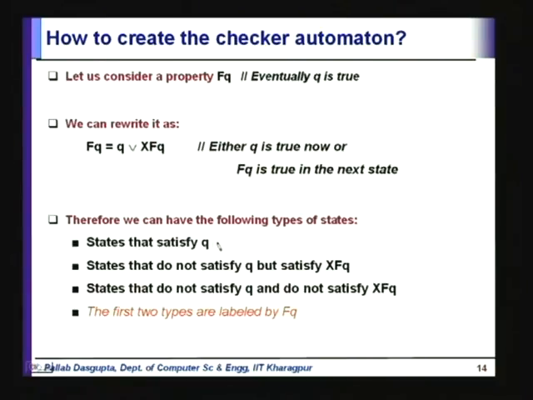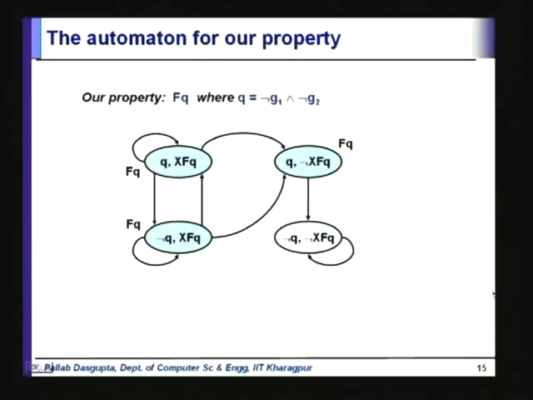States which satisfy Q satisfy FQ, states which do not satisfy Q but satisfy XFQ also satisfy FQ, and states that do not satisfy Q and do not satisfy XFQ do not satisfy FQ. Right. So, this is the automaton.